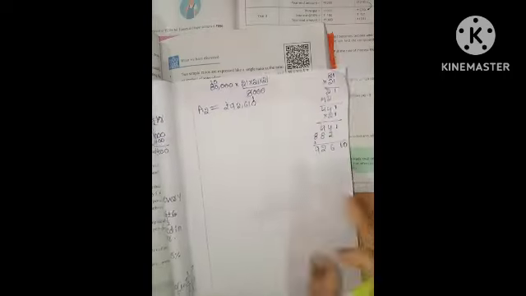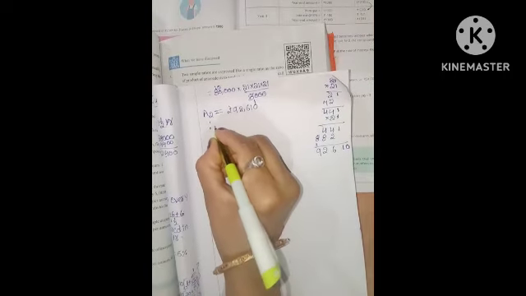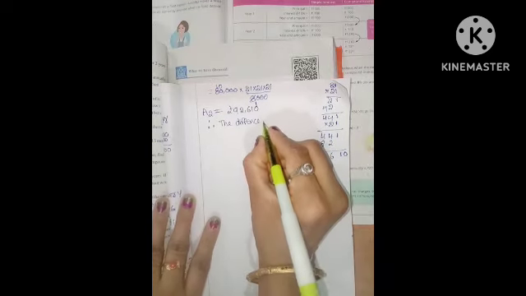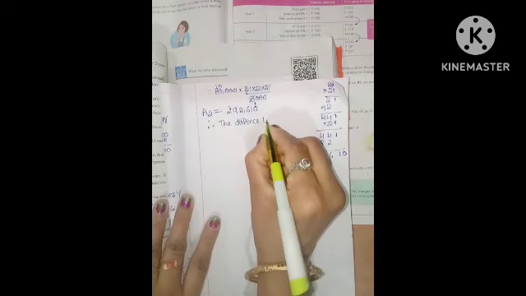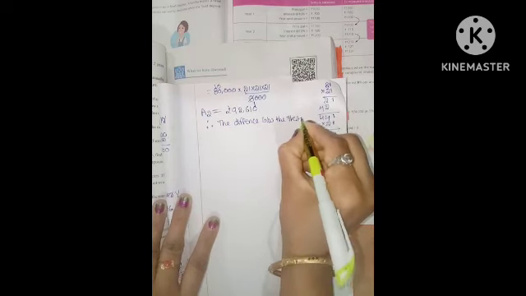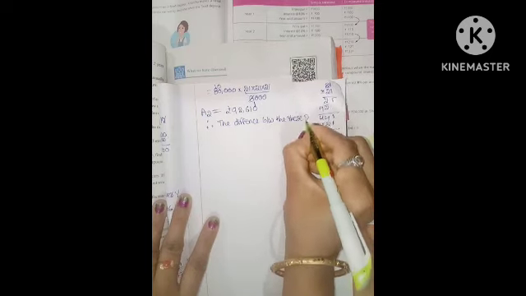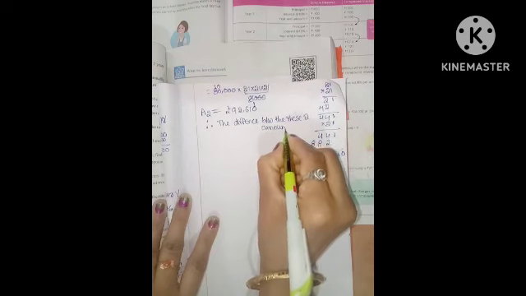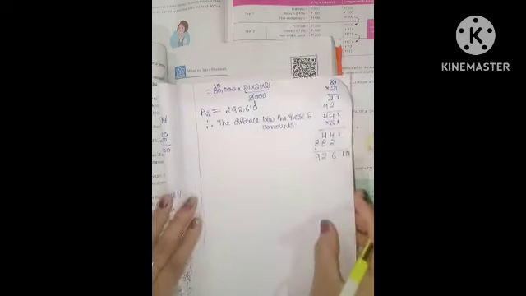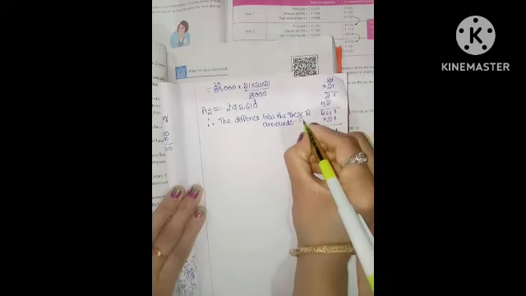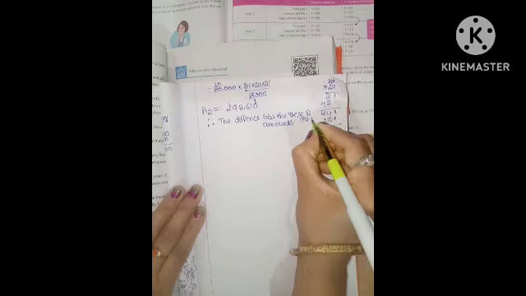So finally, how to find the difference between these two amounts? Two amounts means A2 and A1.